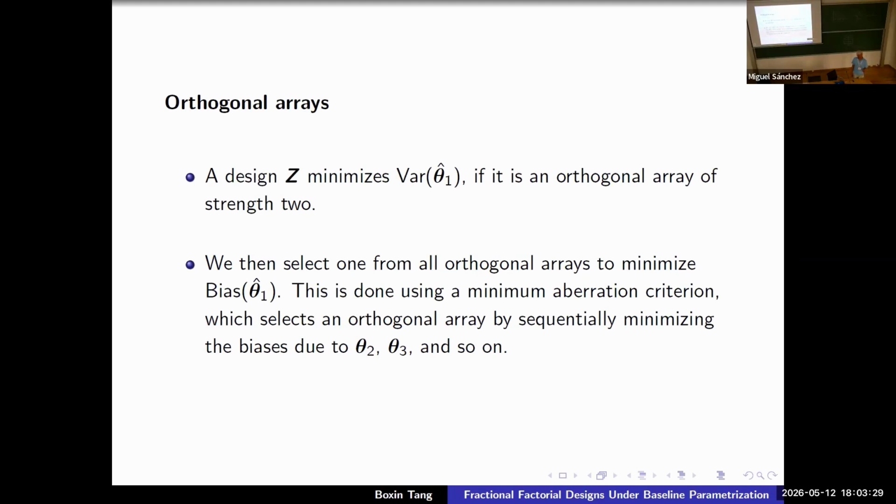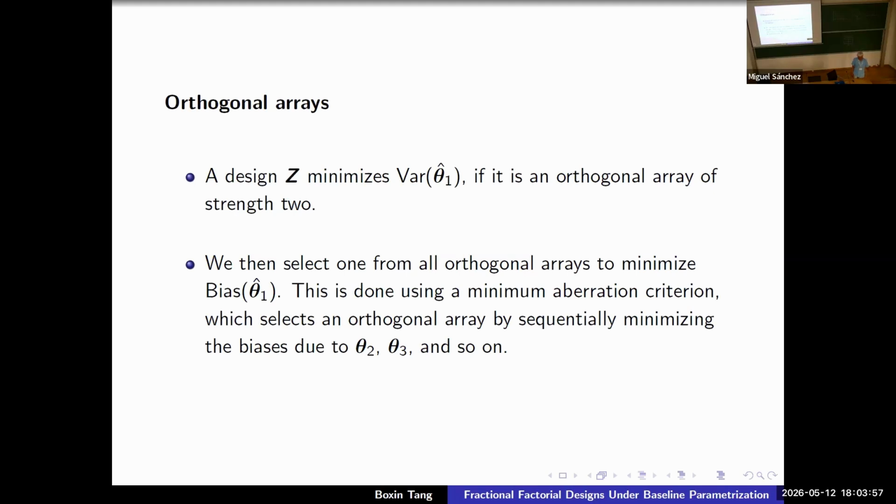Next, there are lots of orthogonal arrays. So after the variance is minimized among all the orthogonal arrays, I can select one that minimizes the bias. How do I do that? I will first minimize the bias due to two-factor interactions, theta2. Then I will minimize the bias due to three-factor interactions. This is called the minimum aberration criterion.